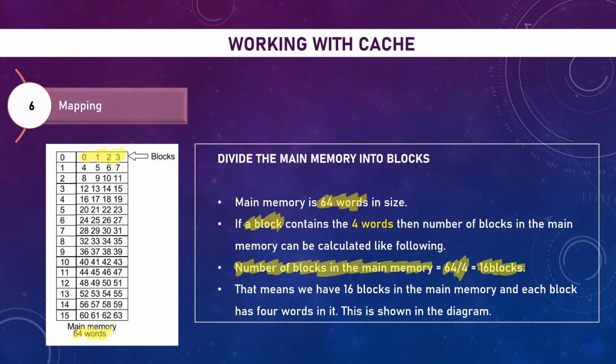Here we have 0 to 16, meaning a total of 16 blocks in main memory, and each block has 4 words in it. We can see this in the diagram. This way you can divide and calculate the blocks and the size.